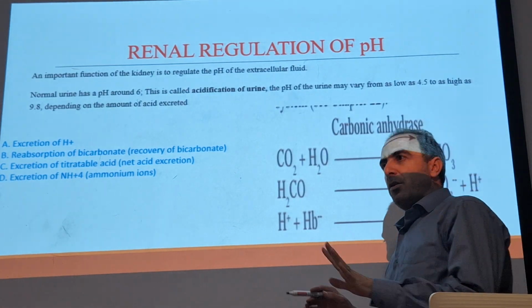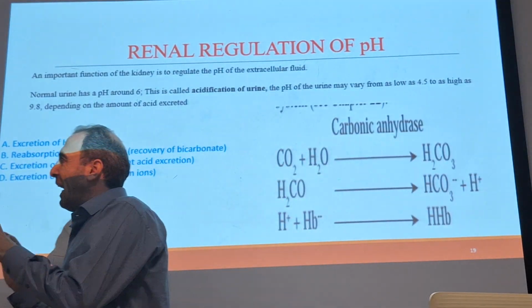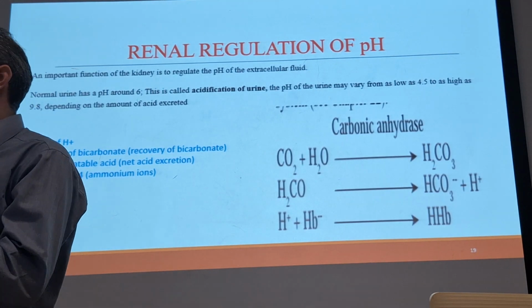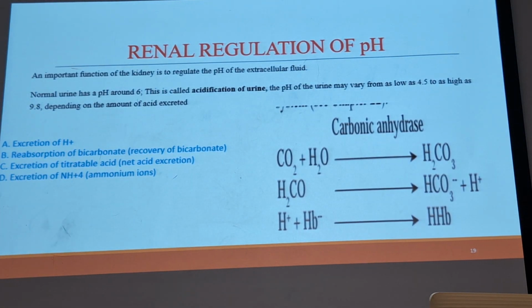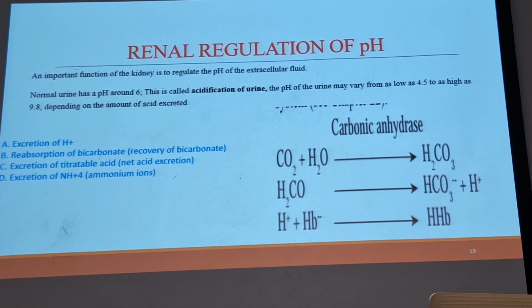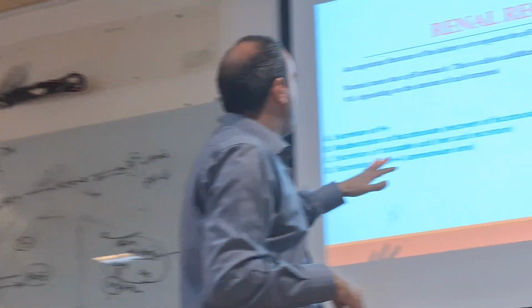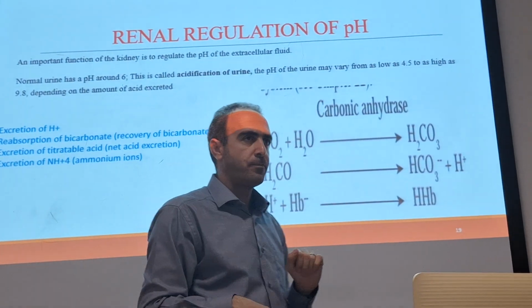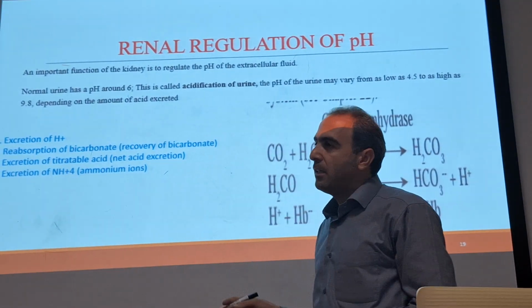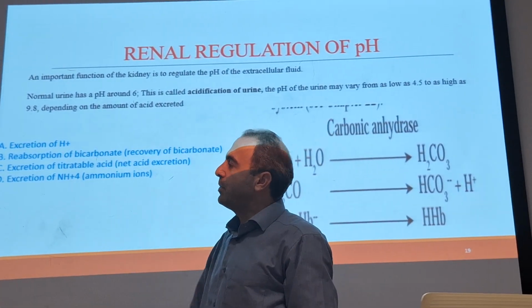But the buffers act immediately, in seconds or minutes. The second one is related to the lung and the rate of ventilation. Okay? But the main part is regulation by the kidney. By the kidney, we have different mechanisms.